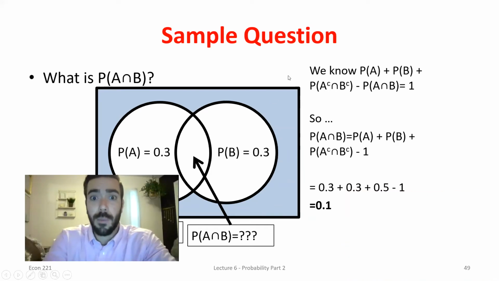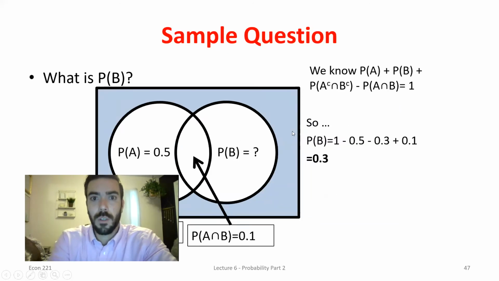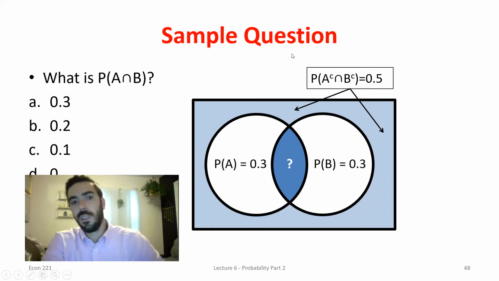This is another sample question that would be good to work through before the online quiz, because I'll probably give you something that looks like this. We already did one where we solved for the probability of B. The only difference here is that I tell you the probability of B, and you're solving for the intersection.